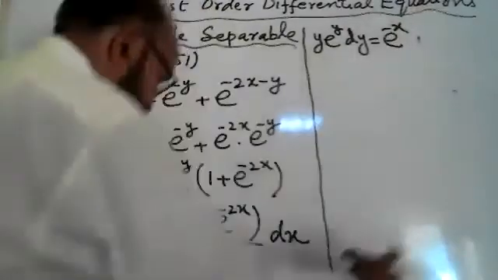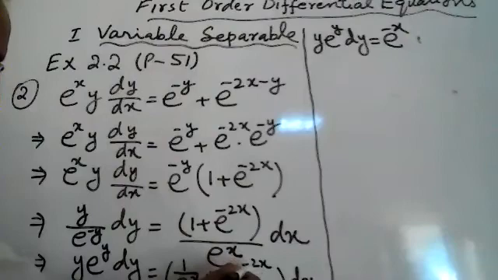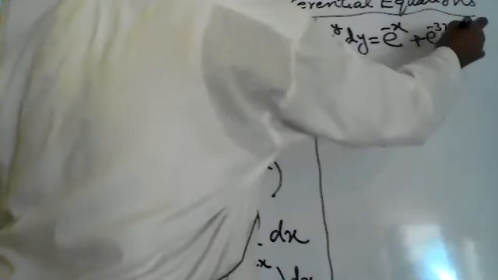We will write dx at the end. And this will also go up: e raised to power minus 2x into e raised to power minus x will become e raised to power minus 3x, whole dx.